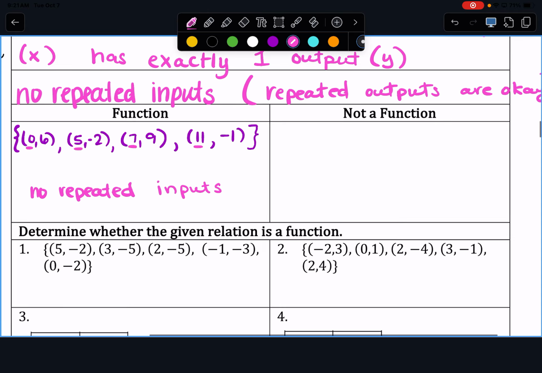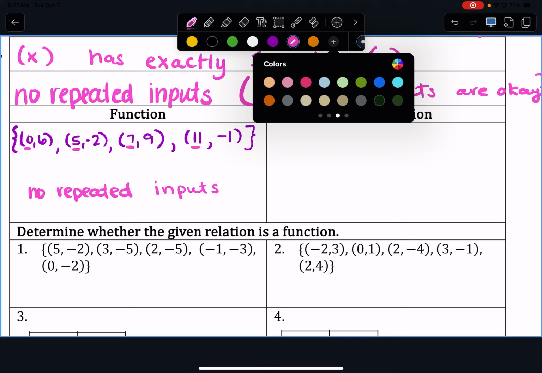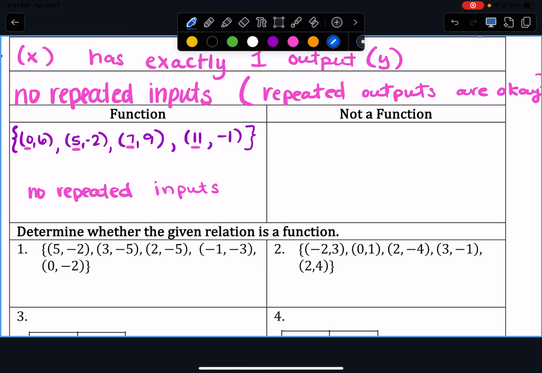Now we're going to look at a not a function example. Okay, so let's do the set of the points (-4, 2), (1, -5), (1, 7), and (5, 6).